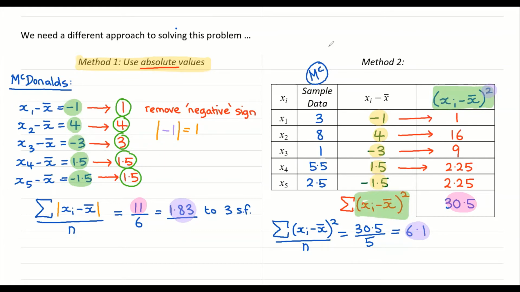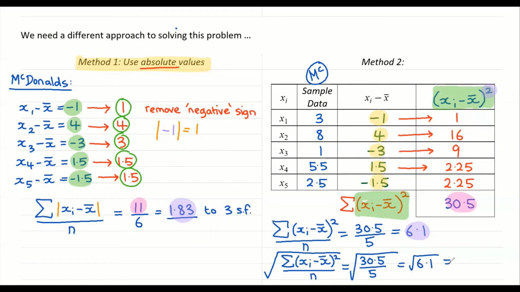I'm going to take the square root, and this is where it looks really complicated: the square root of the sum of xi subtract x bar squared over n. And all that is the square root of 30.5 divided by 5, just putting all the pieces together, which is the square root of 6.1.